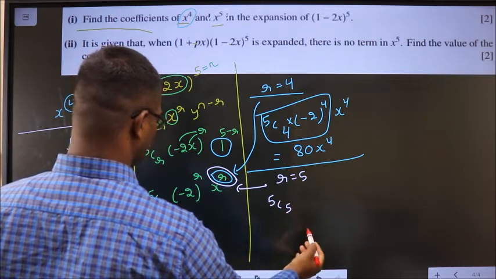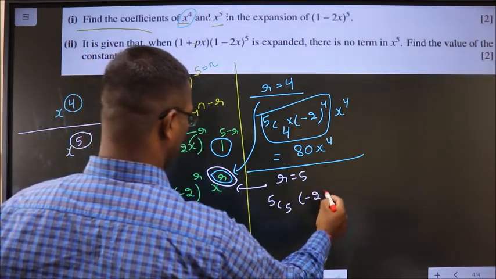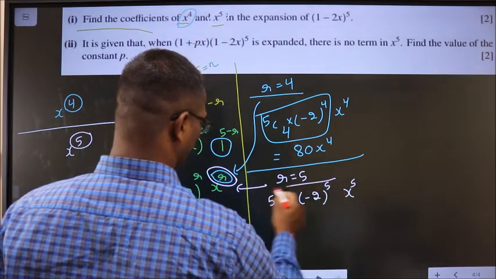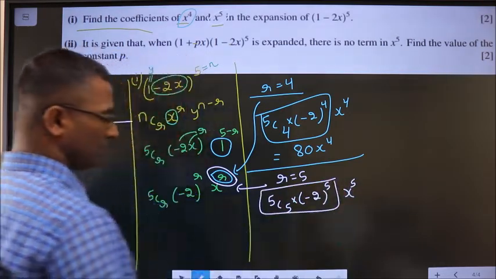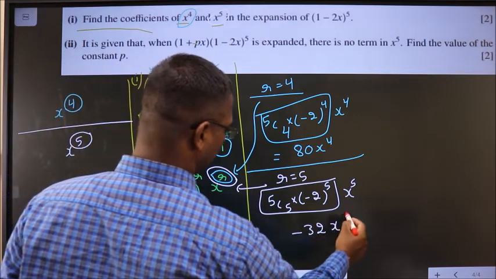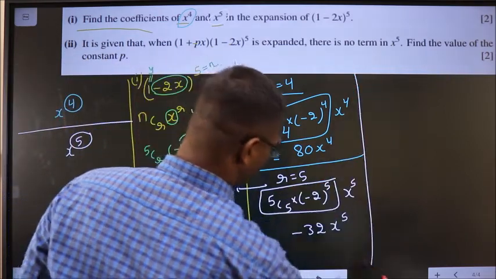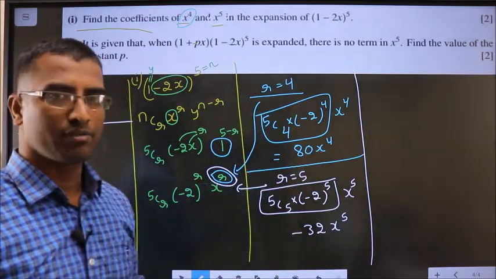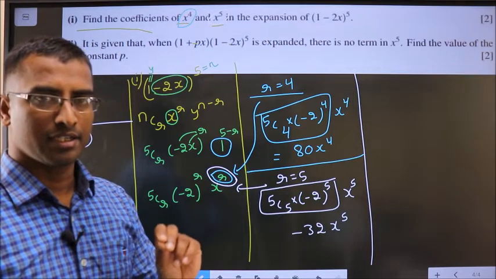So it is 5C5 minus 2 power 5 x power 5. Put this in the calculator. You get the answer to be minus 32 x power 5. So we have found coefficients for x power 4 and x power 5. The first bit is done.